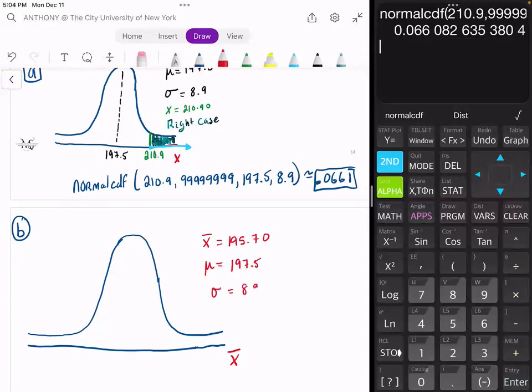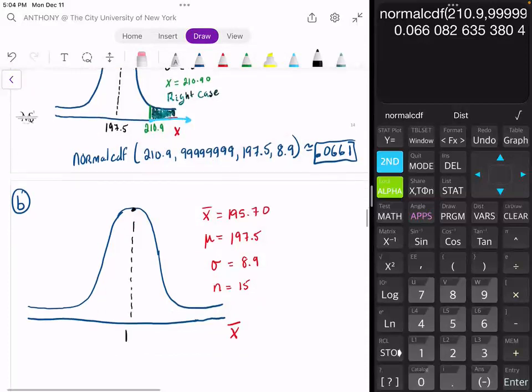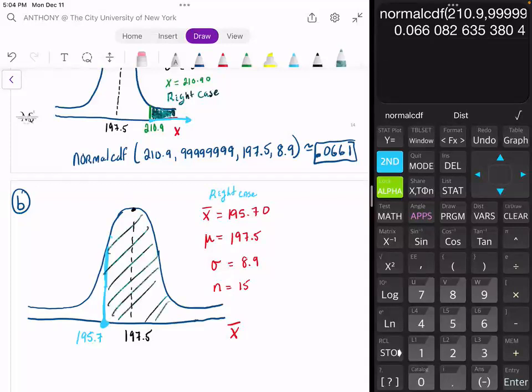Standard deviation was 8.9, and n is equal to 15. So I just had to write those things out. So here's in the center, 197.5, and somewhere around here, let's say, is going to be 195.7. So this point is 195.7. And we have a right case because it said greater than. So when I make my shadings, I shade to the right of this value, 195.7.